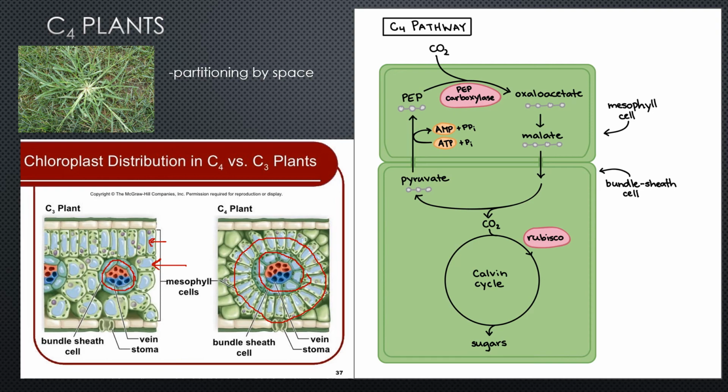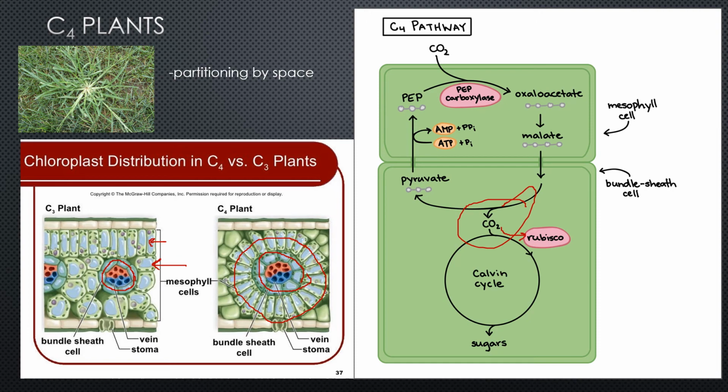Now, if we then take malate and pump it into the bundle sheath cells in a different location, we can break down malate and it produces carbon dioxide. And that carbon dioxide then can bind rubisco. And that's where the rest of that Calvin cycle will take place, because we have a ready supply of carbon dioxide so that oxygen doesn't bind rubisco and we don't have to have photorespiration.